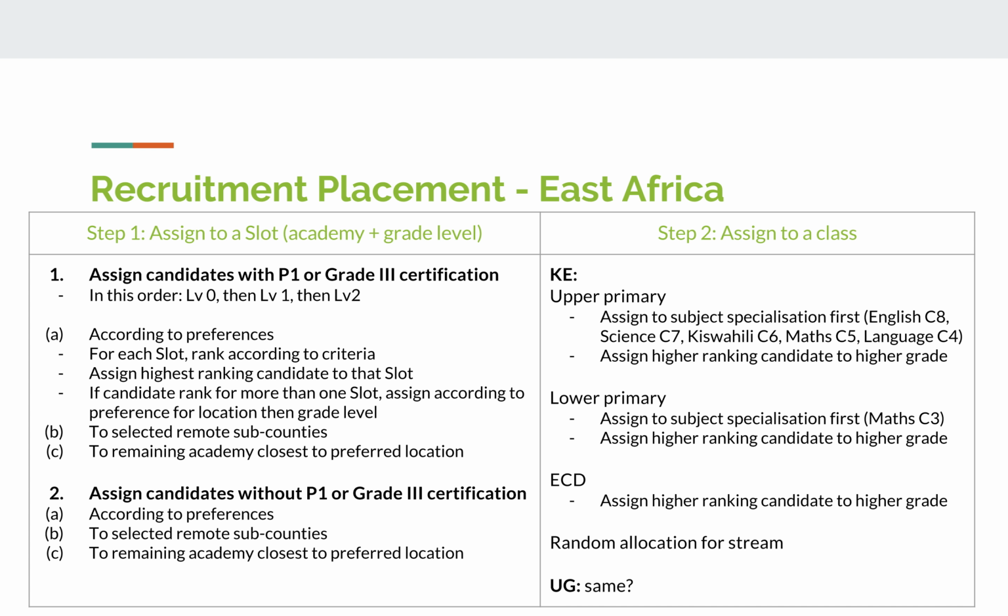Right now, how it is structured is that for recruitment there are two parts. Steps 1 and 2 are about how we assign a teacher to the right location and class. The other part is how we score.